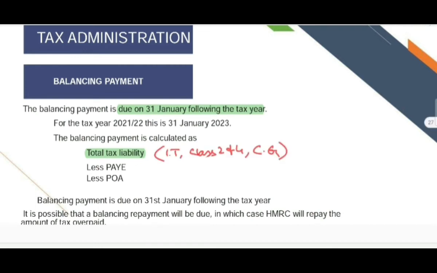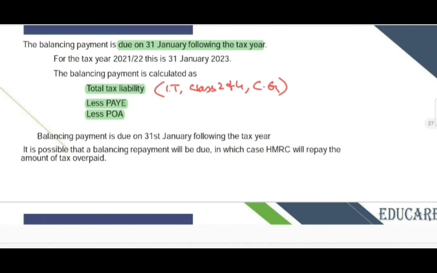So for the calculation of the relevant amount, total tax liability means income tax and class 4 NIC contribution. But for the calculation of the balancing payment, total tax liability means income tax, class 2 and class 4 NIC contributions and capital gains, less pay as you earn and less payments on account. The balancing payment is due on 31st January following the tax year. It is possible that a repayment will be due, in which case HMRC will repay the amount of tax overpaid.